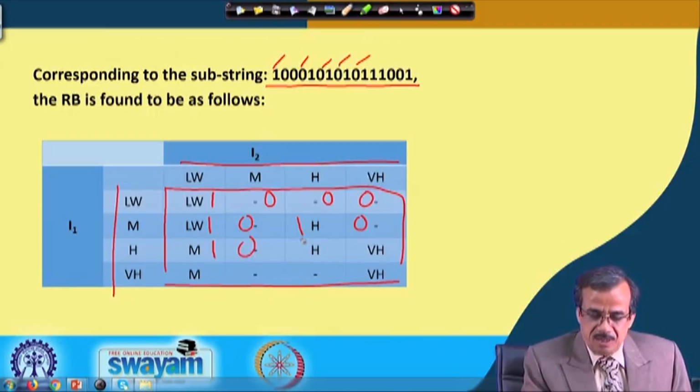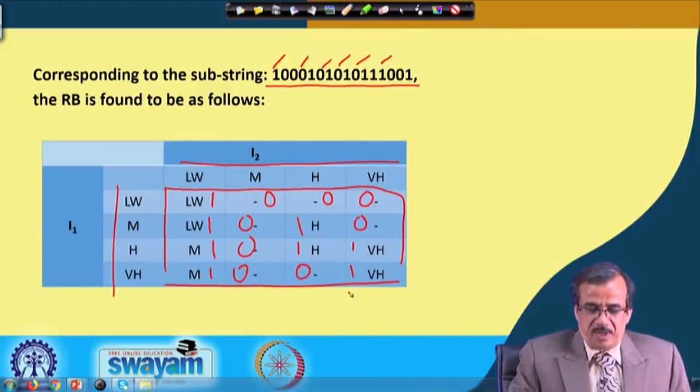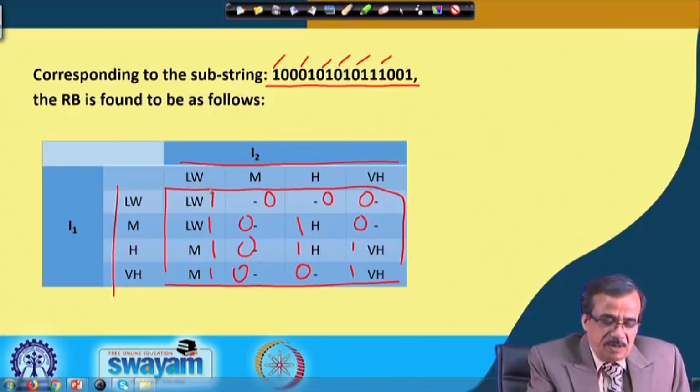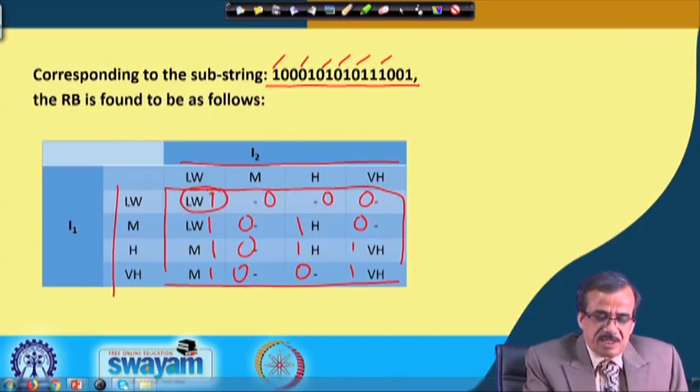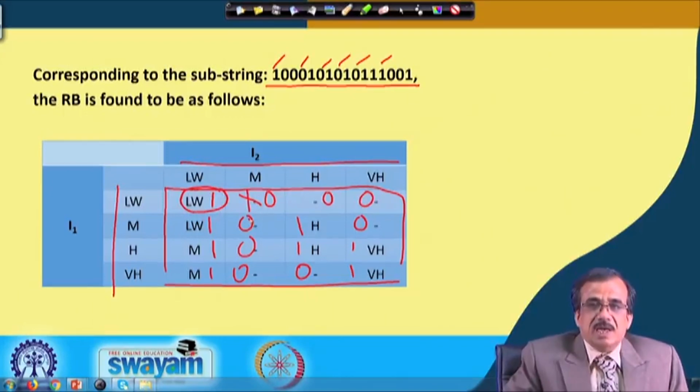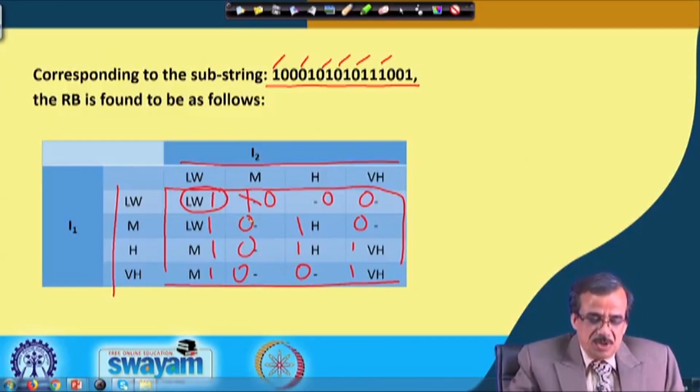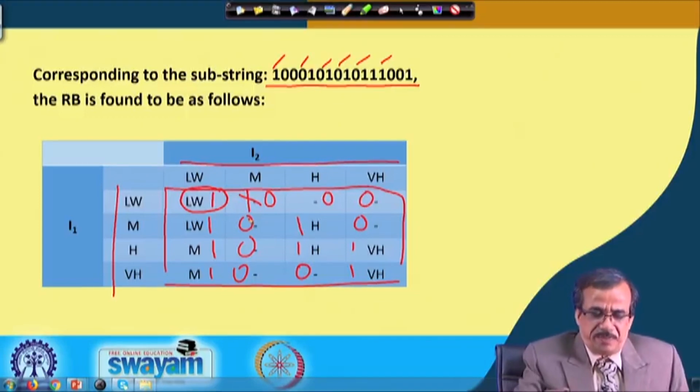Next is 1 1 1. Then 0 0 1. Now, 1 means this particular rule is present, 0 means this rule is absent, and so on. So, this is the way we can code the rule base inside the GA string.